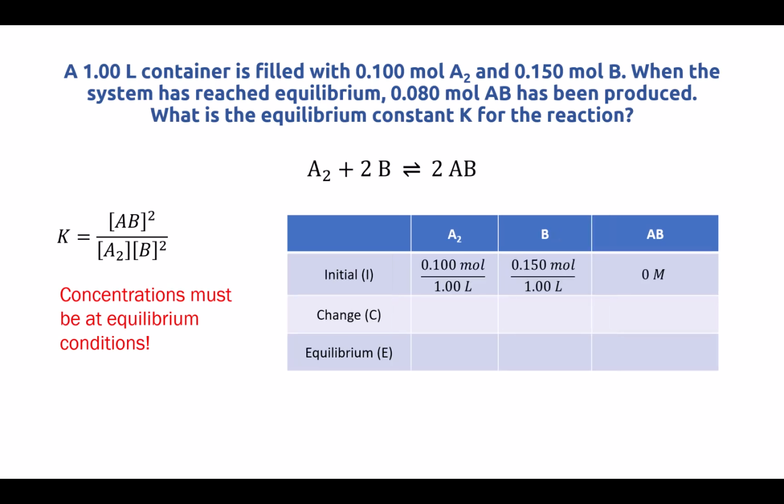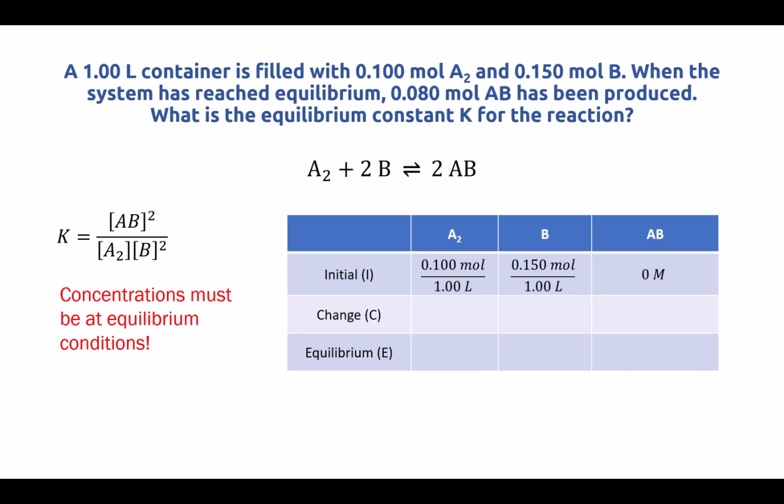Initially, we have 0.1 moles of A2 in a 1 liter container. So because the K equation has concentrations, I am going to use concentration in my ICE table instead of using moles. So I have 0.1 moles per 1 liter of A2. I have 0.15 moles per 1 liter of B, and AB is not really mentioned at the initial conditions.